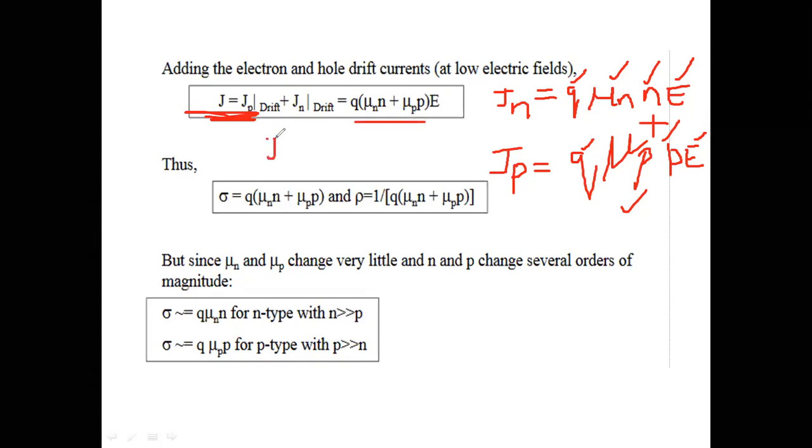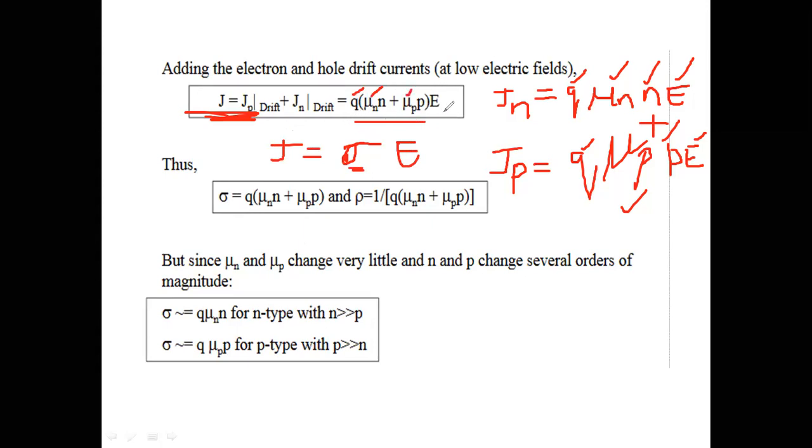So J, I can simply write, equals sigma into E, where sigma is Q into (mu n into n plus mu p into p).